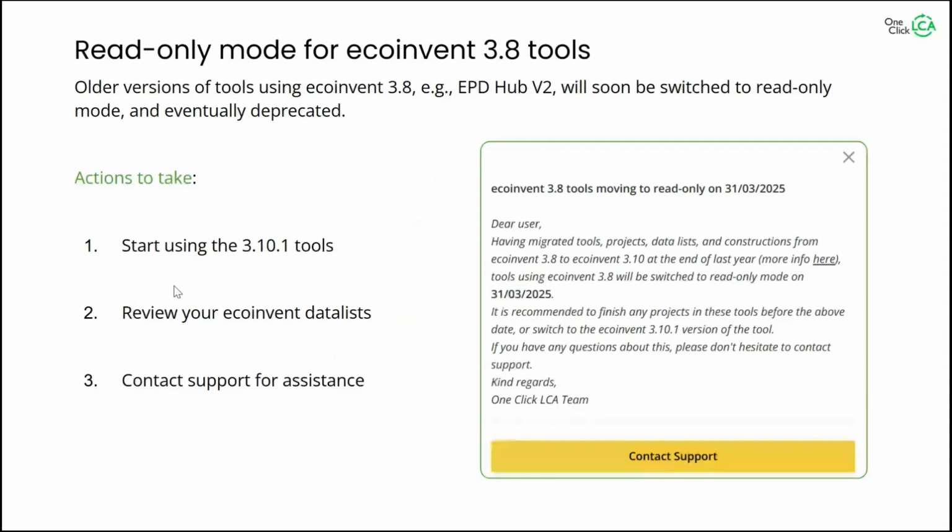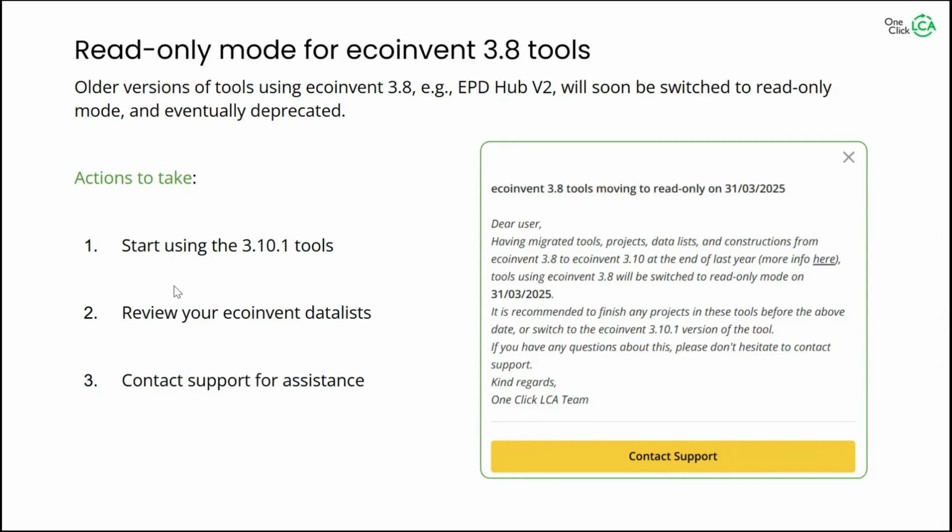The next is about old tools. EcoInvent 3.8 tools are ready to be switched to read-only mode. There was this notification in the software, which you can see on the right of the screen, about them being put to read-only on the 31st of the 3rd, so that was just yesterday. So we actually haven't taken the action on that yet, but they're already set to be put to read-only mode.